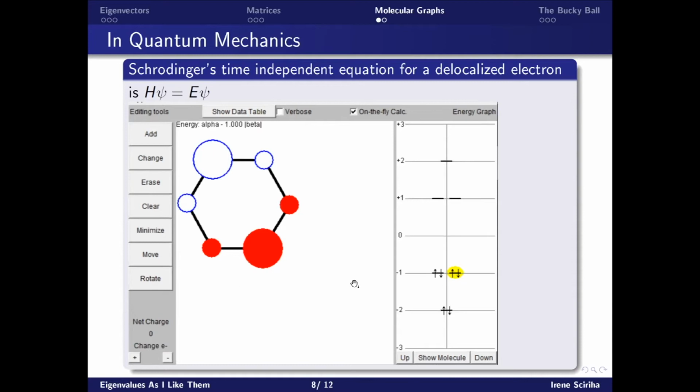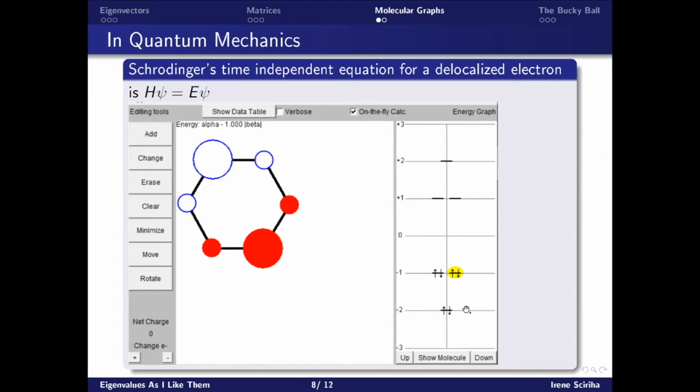If we solve this Schrodinger's equation, E is the energy level, and the energy level is the eigenvalue. So here we have Hx equals lambda x as usual, where psi is the wave function, which gives us the probability of where the charges will be, of where the electron will be.